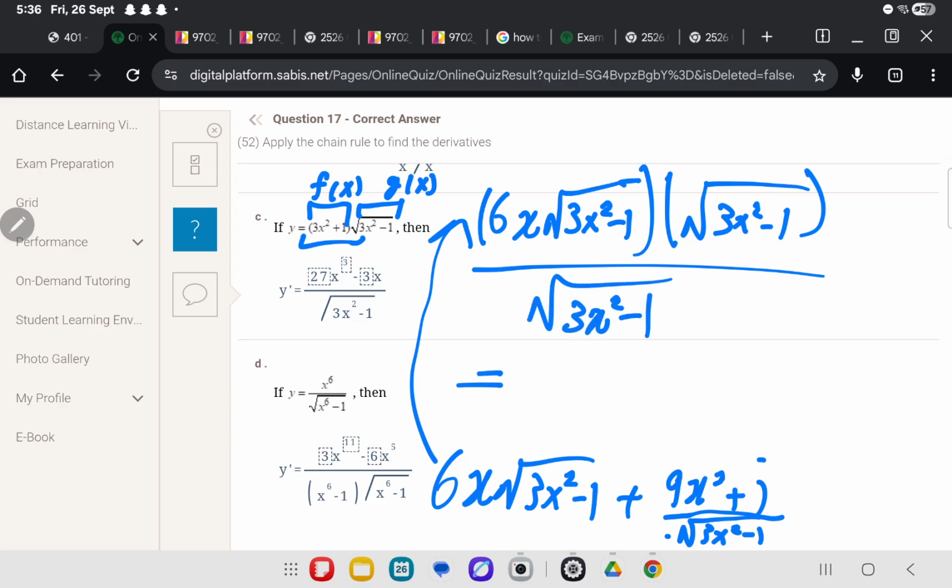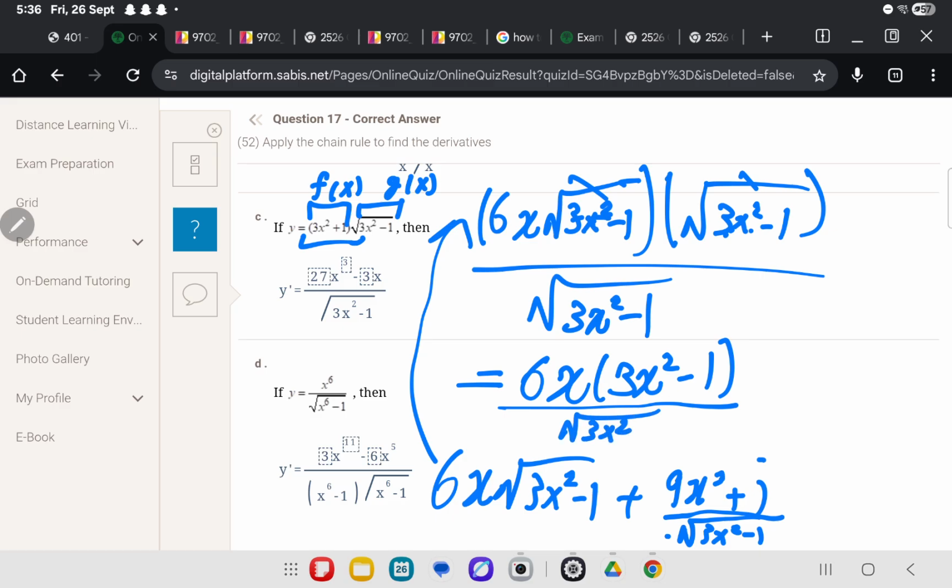These two are the same thing, so this is going to be 3x squared minus 1 squared, which means the radical will cancel: 6x into 3x squared minus 1 over radical 3x squared minus 1. Now this part, I'm going to put it back, so plus 9x cubed plus 1 over radical 3x squared minus 1.